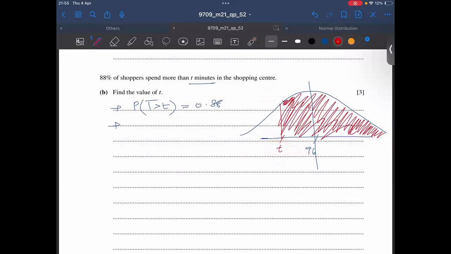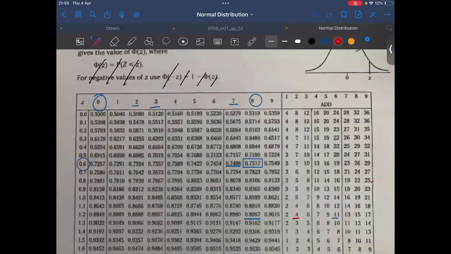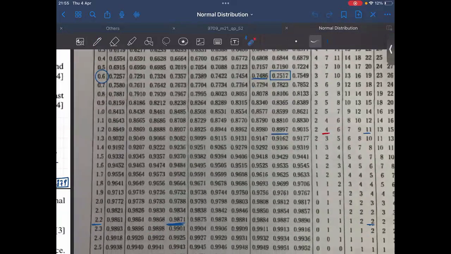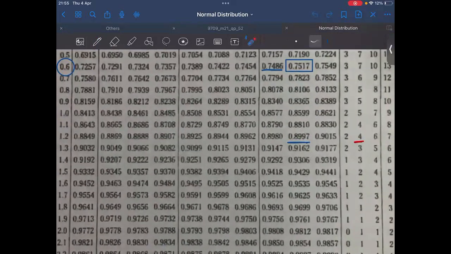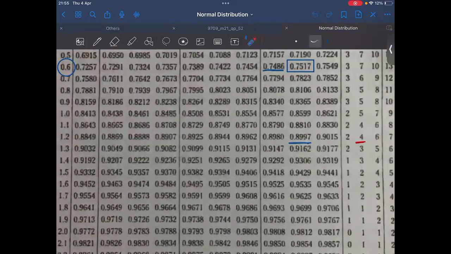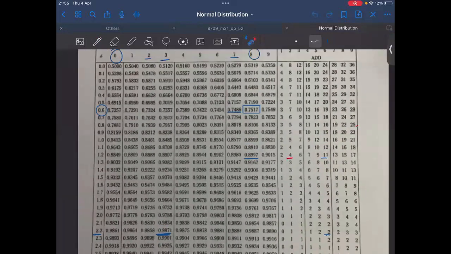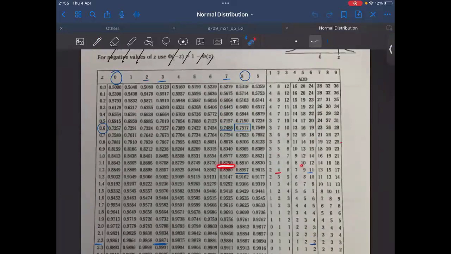All right. So I'm just going to go up to this table, and I'm going to look for 0.88. Where's 0.88? This over here. 0.8790 plus 10 gives 0.88.